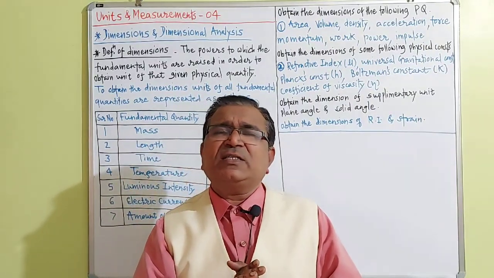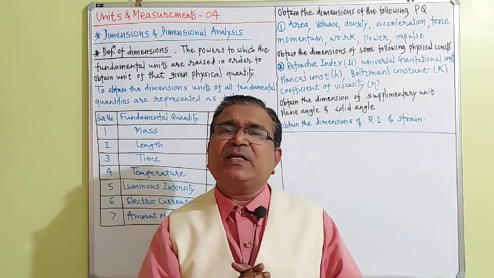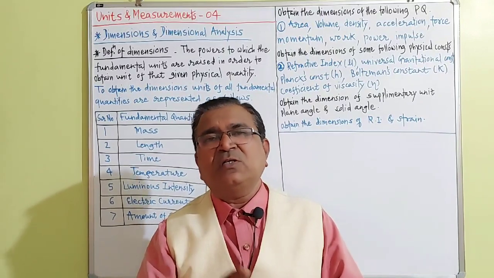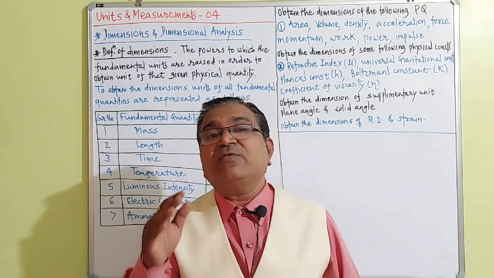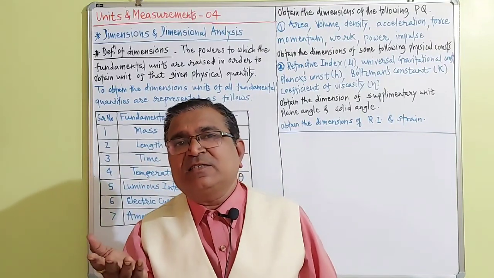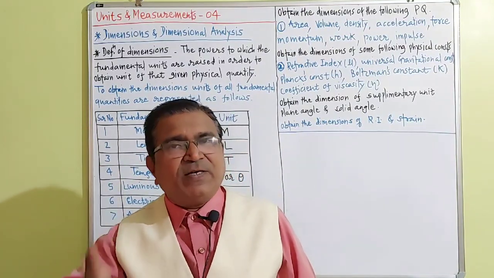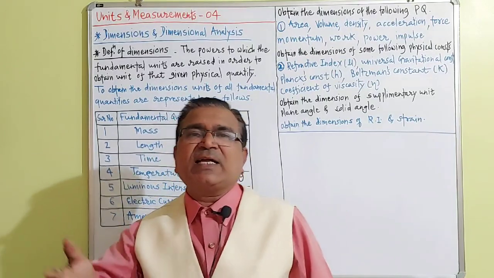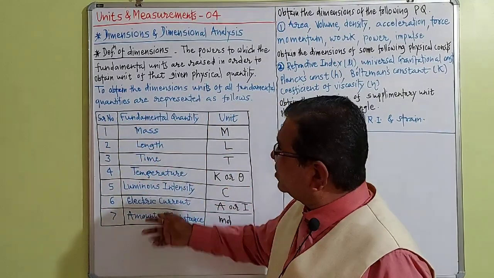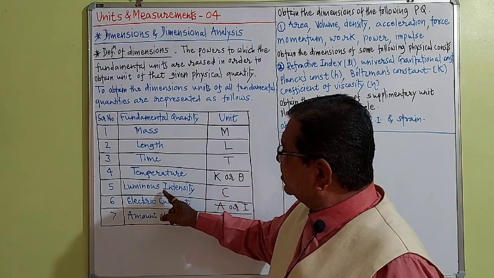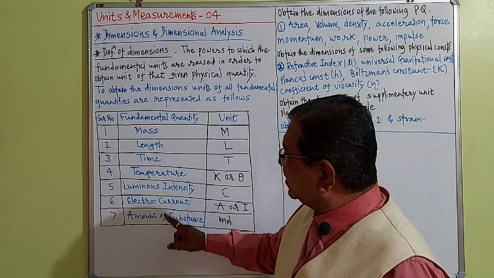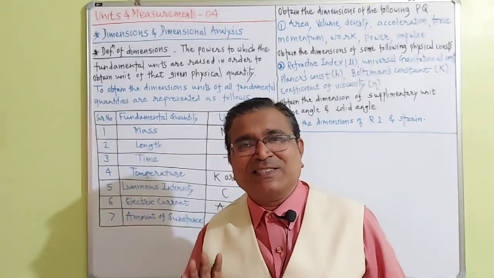So to learn dimensions, I have prepared a table on the board. Observe that table at first, then your idea will be more clear. We know the 7 fundamental quantities that I have written on the board: mass, length, time, temperature, luminous intensity, electric current and amount of substance.